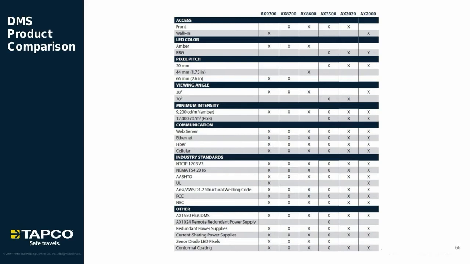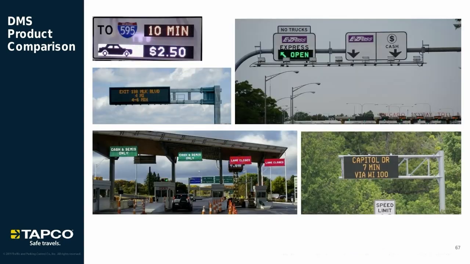So there's a lot of different ways we can warn people and have display boards up. We use them for tollways. We use them for regular warning DMS signs above interstates, toll areas, exits, cash only at toll booths, whatever it may be. We've got a lot of different options on that side of things. Blank out signs, things of that nature.